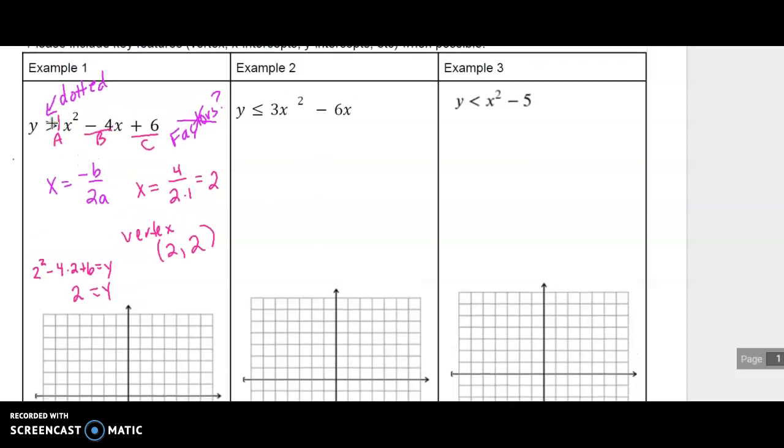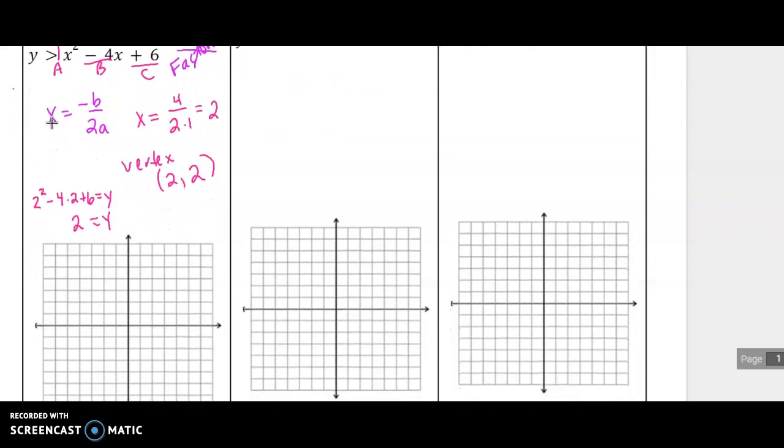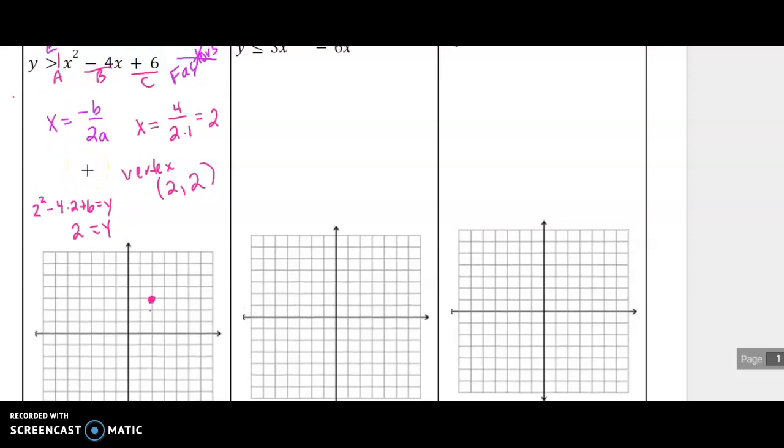So on our graph, I'm going to move this down. We've got the point (2, 2), okay? And that's going to be our vertex. This might be enough for you, if it's matching, to be able to match which equation it is. If not, we're going to make a table. I know that this is (2, 2), and then I get to pick any other x value besides 2. So I'm just going to pick 3.